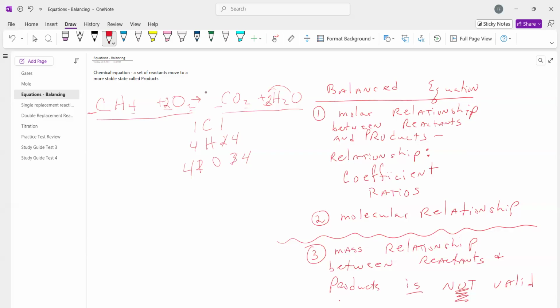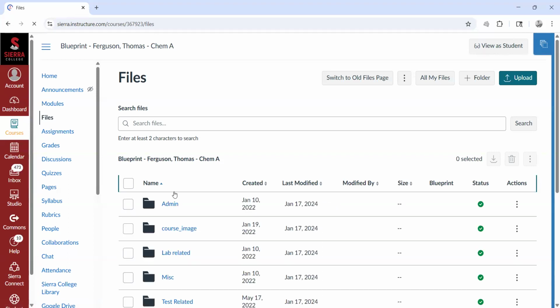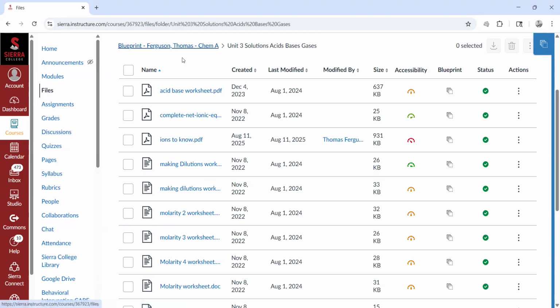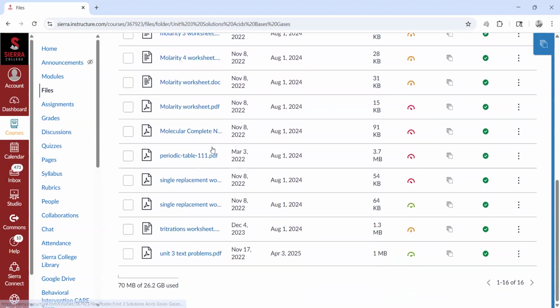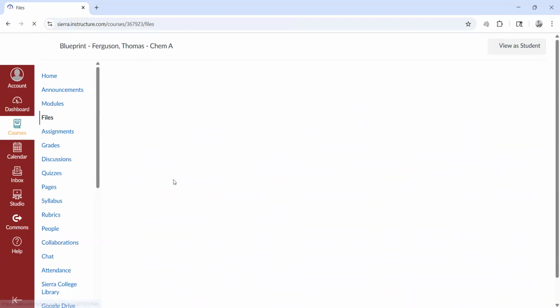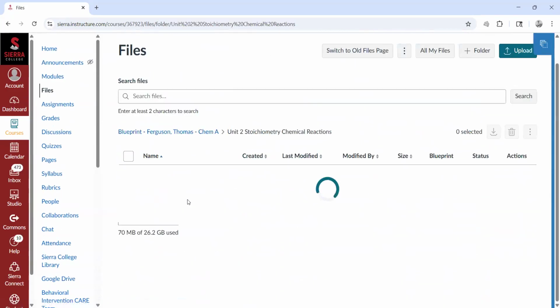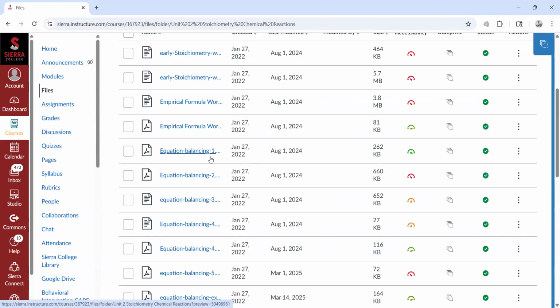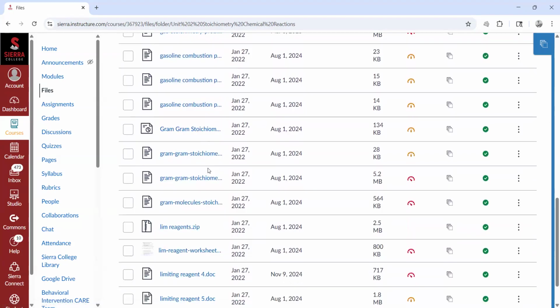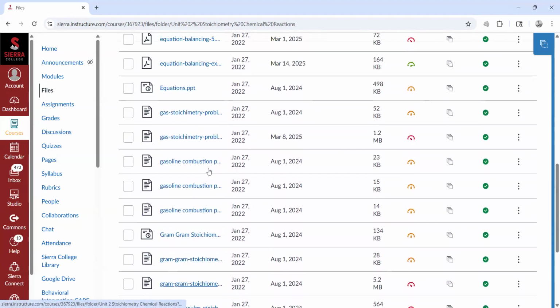Now, you have an extra credit opportunity for this next test. Let me show you where it is. You go to Files, Unit 3, Unit 2. You'll see I've got a lot of extra worksheets on equation balancing. And there's one here that says extra credit.